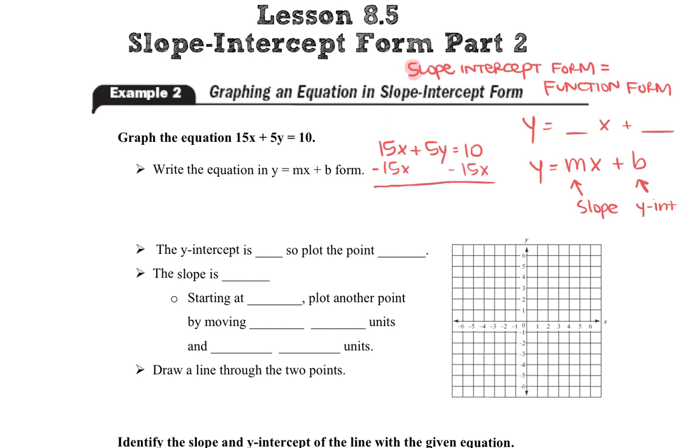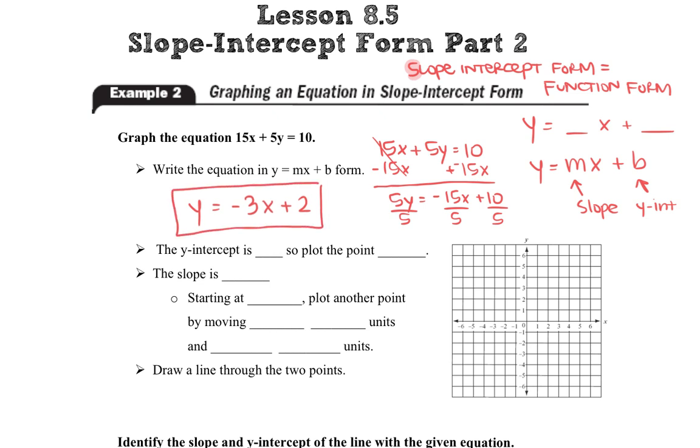Since that is a positive 15x, to get rid of it, I need to subtract, so that cancels, and I have 5y equals negative 15x plus 10, because I'm going to make that x term come first right away. You can make that addition if you want. Then I'm going to divide everything by 5, and so I get the equation y equals negative 3x plus 2. And so now I'm in function form or slope-intercept form.